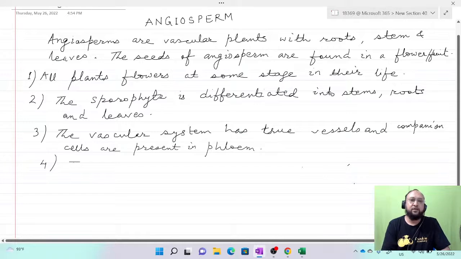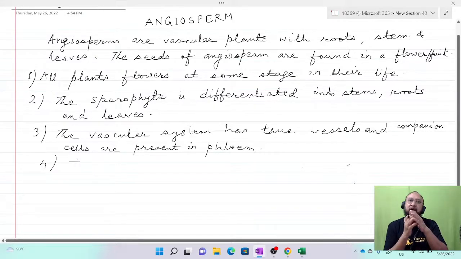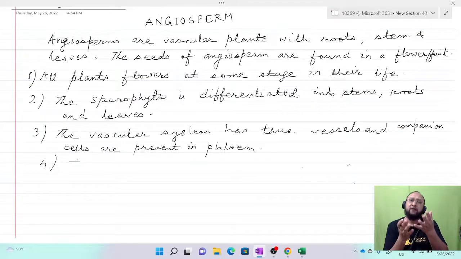The ovules. Now we know that there are different parts of the flower: androecium, gynoecium, calyx, and corolla. These are the 4 different whorls of the flower, and out of these, androecium is the male part of the flower, and gynoecium is the female reproductive part. Androecium means the stamen, the pollen grain.